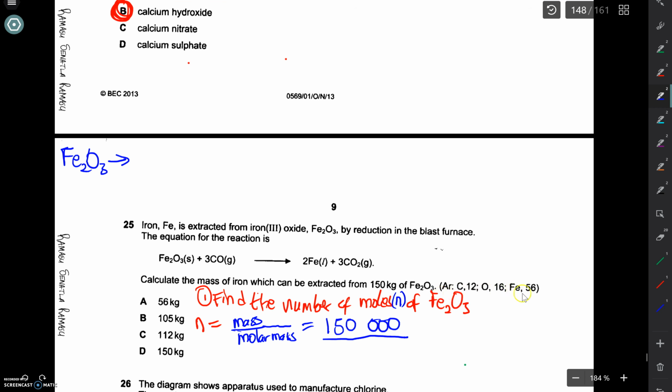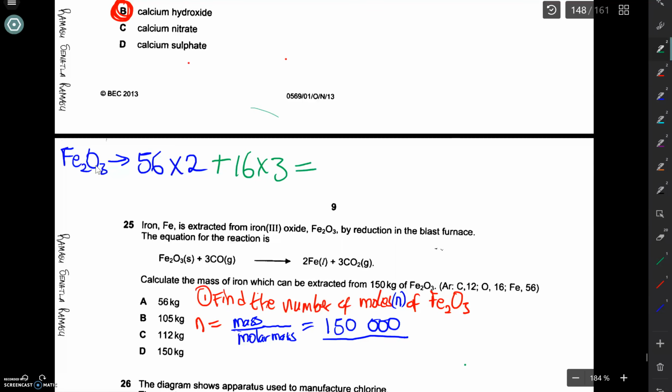The relative atomic mass of iron is 56, but because we have Fe2, we multiply this 56 by 2, and then we add the relative atomic mass of oxygen, which is 16, but because we have O3, we multiply this by 3.